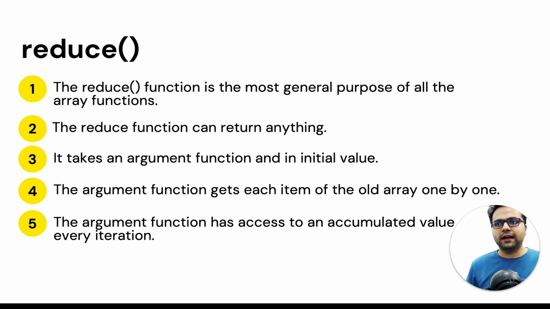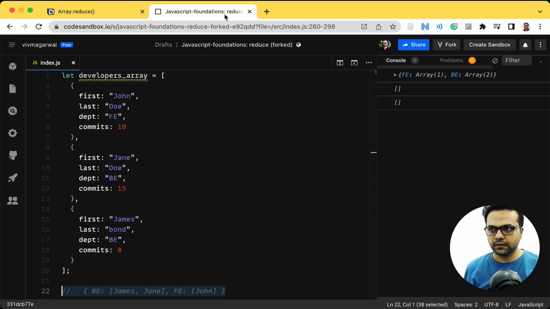It takes in an argument function and an initial value. The argument function or the callback function gets each item of the array one by one. The callback function has access to the accumulated value or the previous value and the current item in every iteration. Okay. Now let's move to the example.